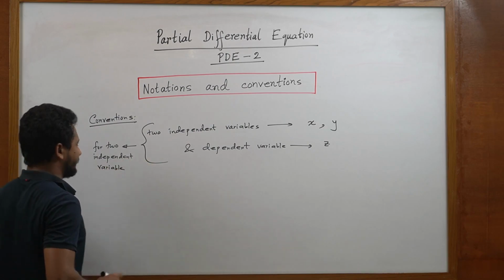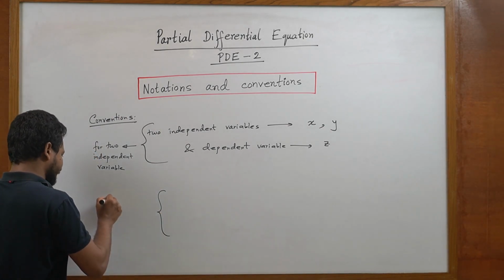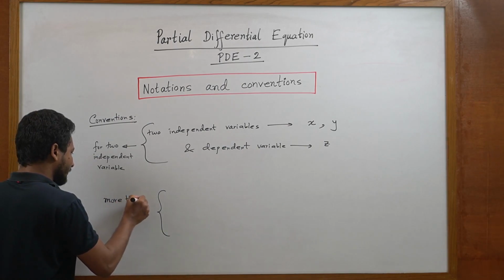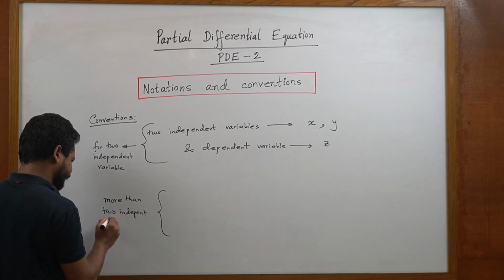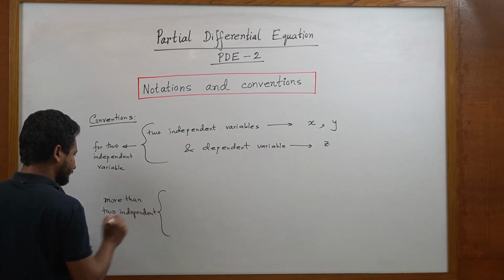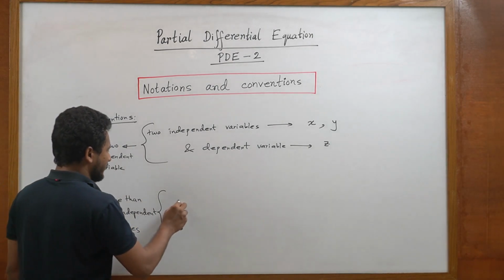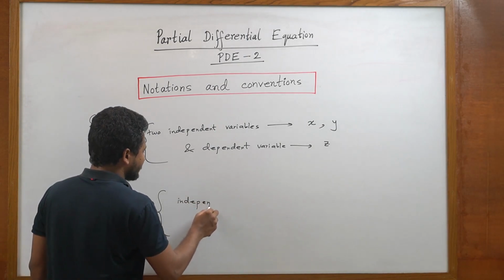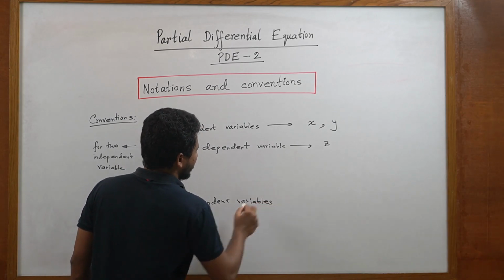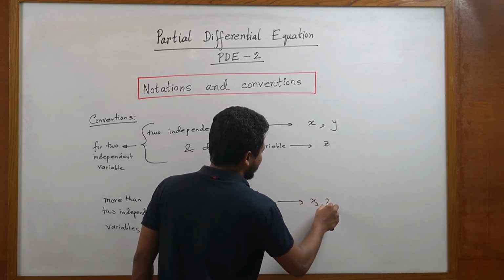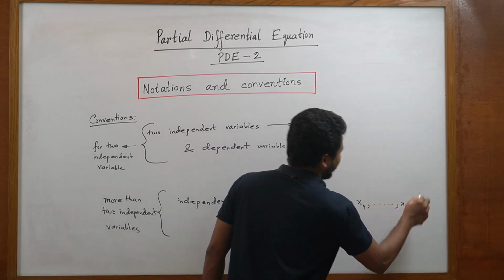Now if there are more than two independent variables in a PDE, then the independent variables will be expressed as x1, x2, x3, x4 and so on.